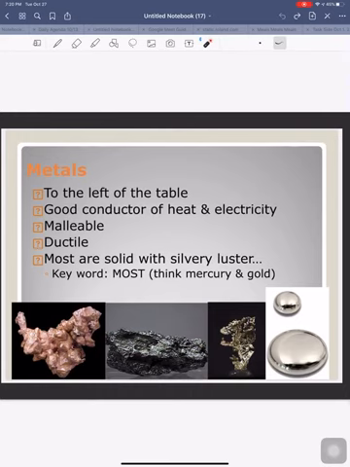So they are really effective conductors of heat energy. We will study heat energy further in the course later as well.